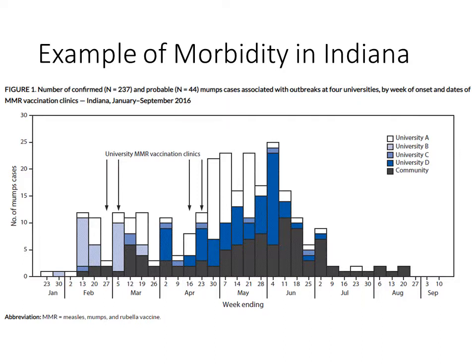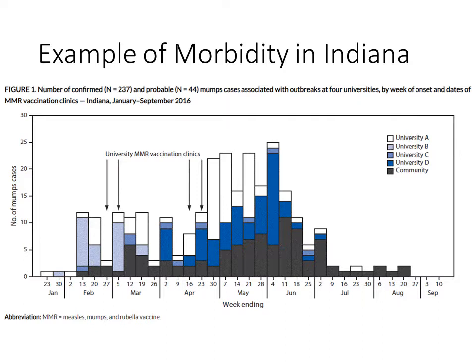What you're looking at is that there were virtually no cases and then a lot of concentrated cases that ended up resolving in the summertime months. That can be a huge, huge problem, and again, an example of morbidity in a community.